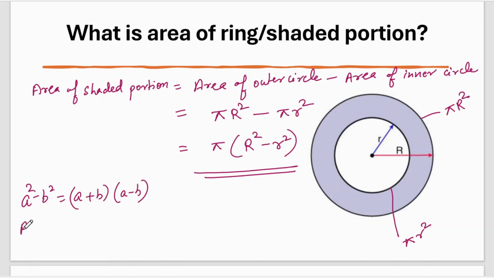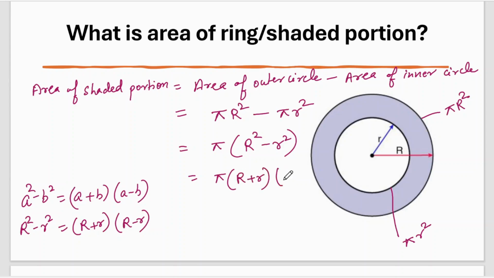So in a similar way, I can write R square minus r square as R plus r and R minus r. So I can further write this formula as pi times R plus r and R minus r.